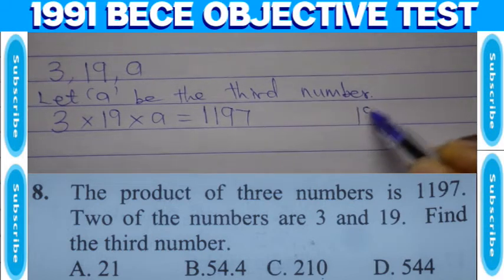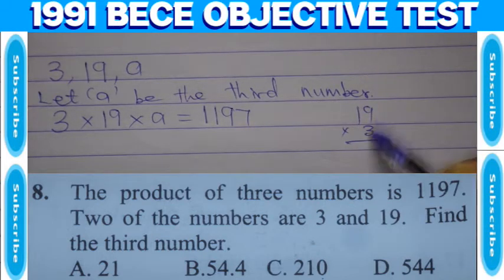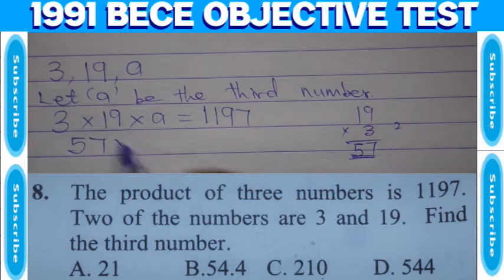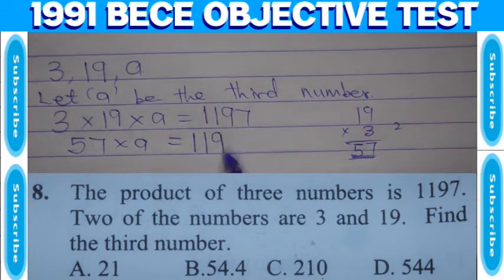We have 19 multiplied by 3. 3 times 9 is 27, 7 remainder 2. 3 times 1 is 3, plus 2 gives us 5. So we have 57. So 57 multiplied by A is equal to 1197.